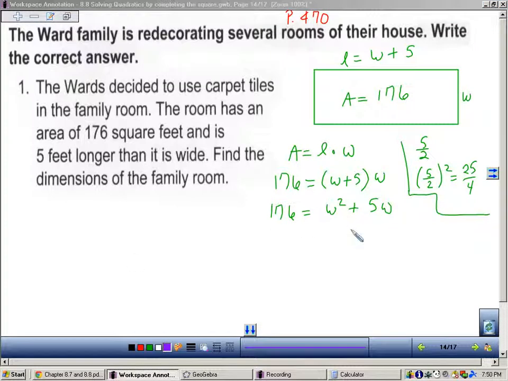Let's add this amount. And so this is not very pretty, but I don't know. The common denominator here is going to be 4. So I'm just going to have to work this out here.